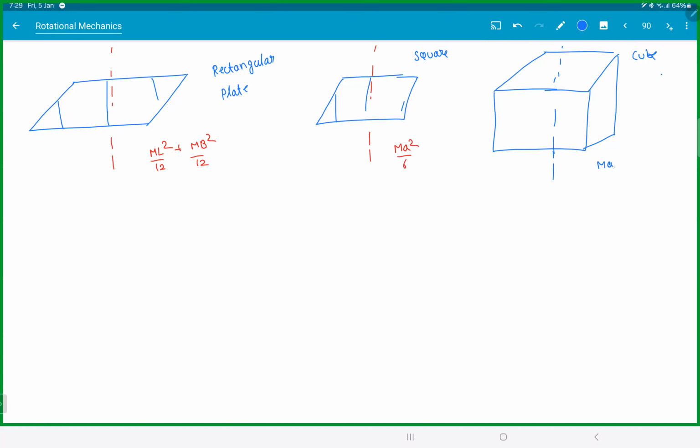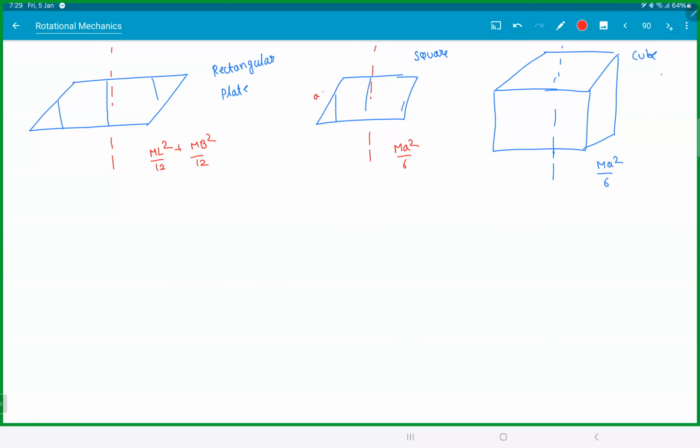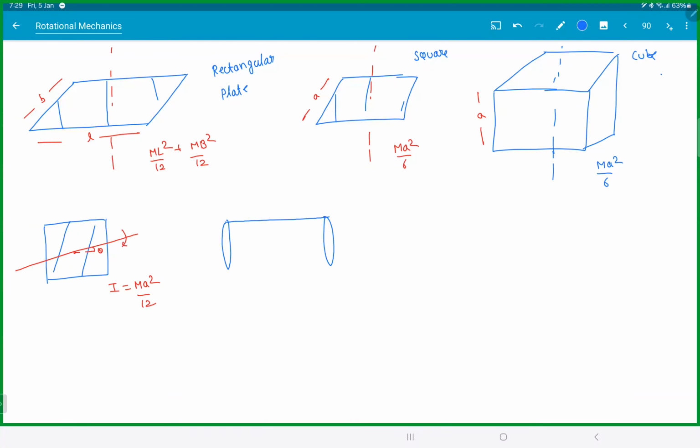Cube is also ma square by 6. If you compress a cube, you get a plate. And for the square plate, anything passing through the center is again independent of theta. ma square by 12. That is again quite a good result.